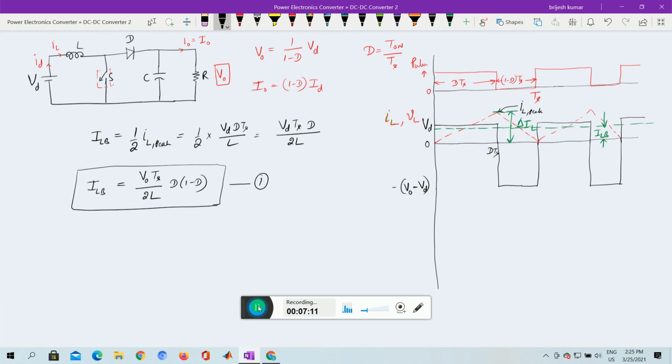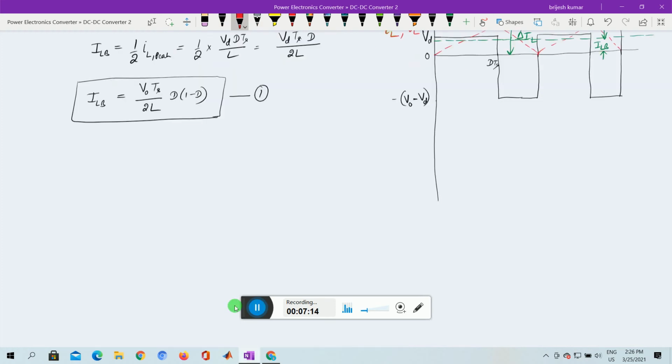We can differentiate it: derivative of ILB with respect to D is equal to 0, for what value of D. These are constants, so if we differentiate, the derivative of D minus D square, with some constant, is equal to 0, or we can write 1 minus 2D is equal to 0, and this gives us the value of D equal to 1 by 2. So at D equal to 1 by 2 we will get a maximum value of ILB.